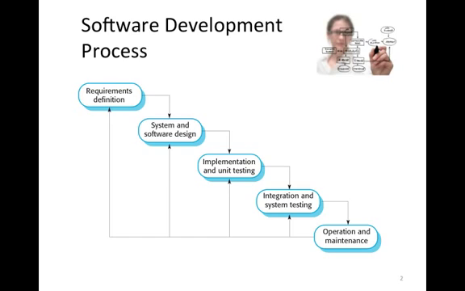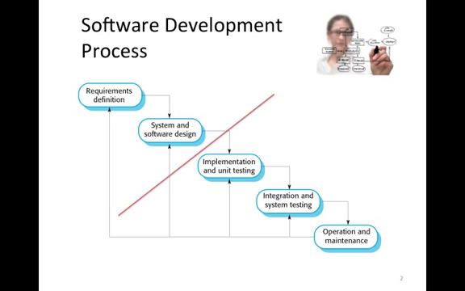So we talked about the software development process often in this course, the multiple steps that are required to develop a full system. We have spent much of our time in this course on these first two steps, on the requirements definition and software systems and software design.